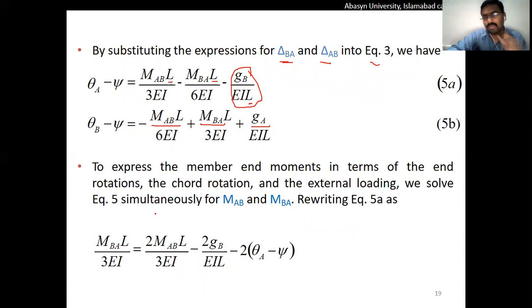In order to solve these equations, we will rewrite equation 5 as MBA L over 3EI is equal to 2 MAB L over 3EI minus 2 GB over EIL minus 2 psi A over phi. What we are doing is basically only calculating the value of this term, MAB L over 3EI.